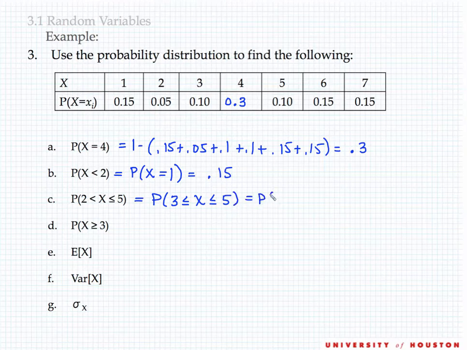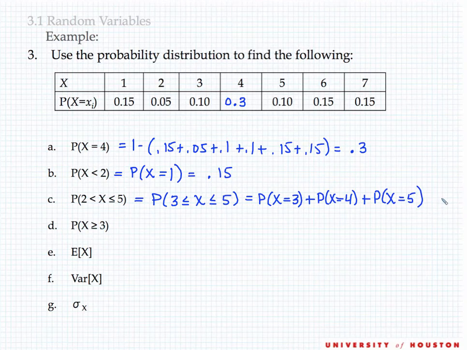Or rather, the probability that x is 3 or 4 or 5. So I'm going to add those up. And that's going to give me 0.5. We had 0.1 plus 0.3 plus 0.1.